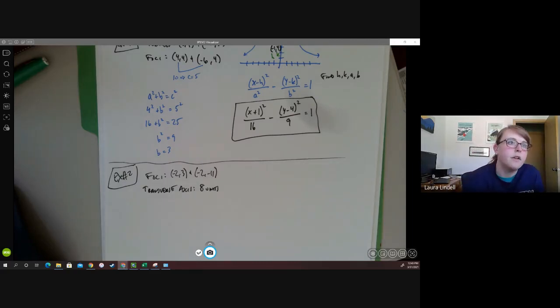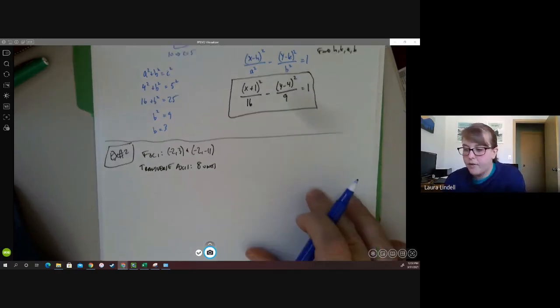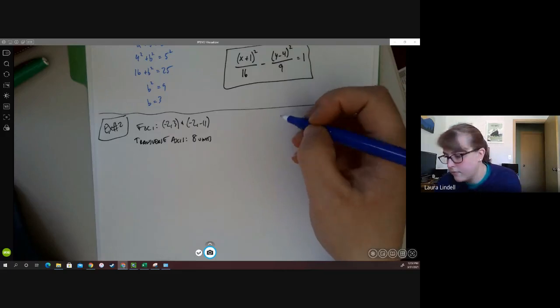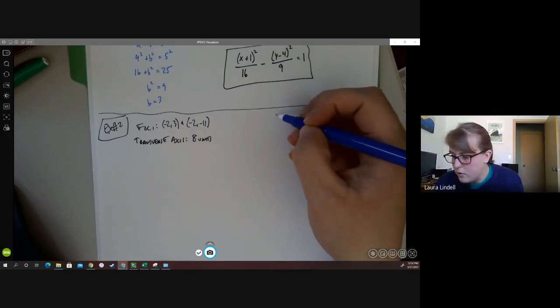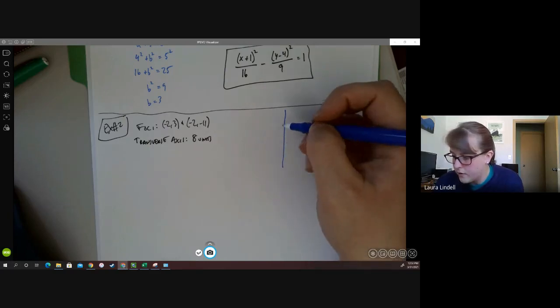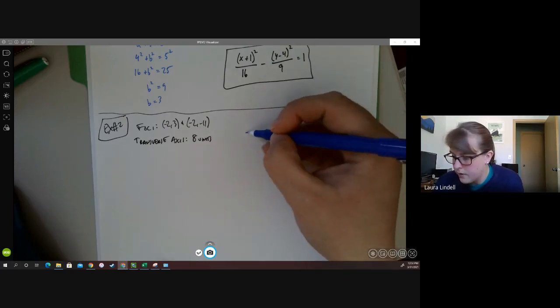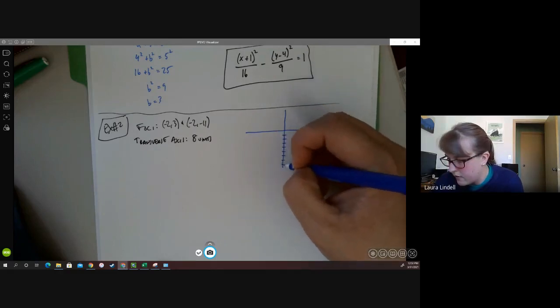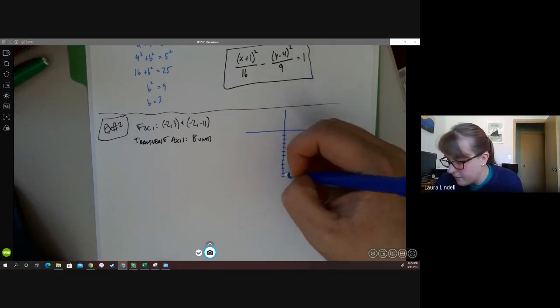Okay. So for this one, I would start off the exact same way, graphing what we're given. So let's see, we're going to need quite a long axis there. 1, 2, 3, 4, 5, 6, 7, 8, 9, 10, 11.